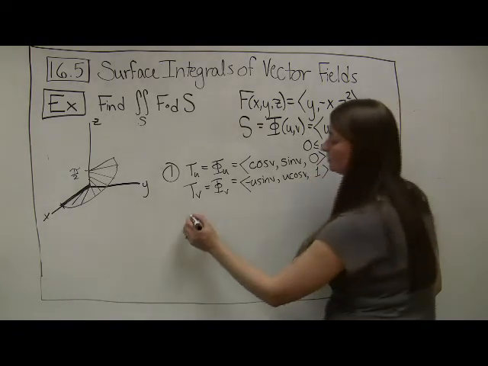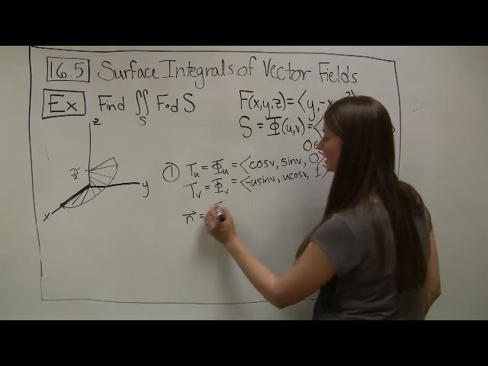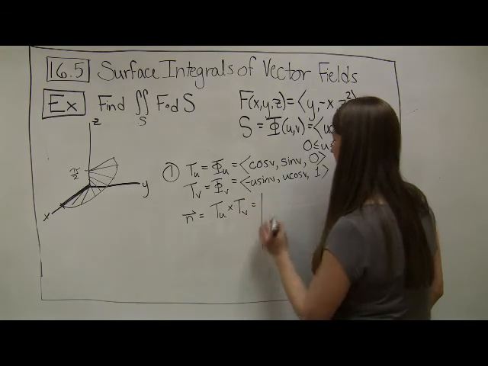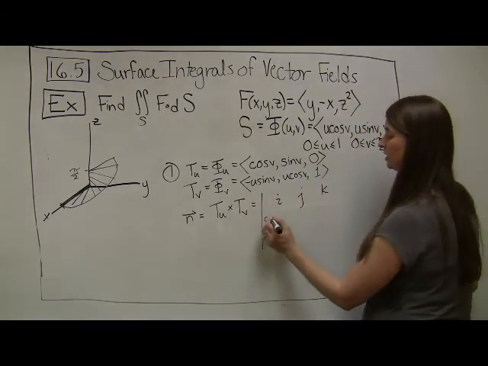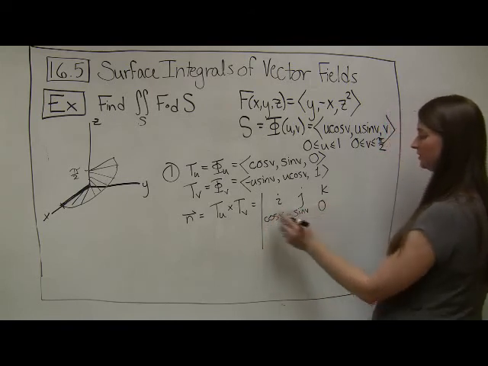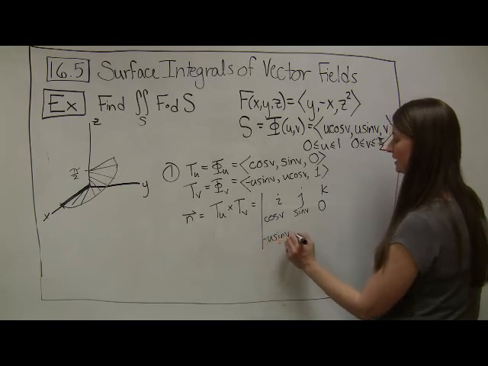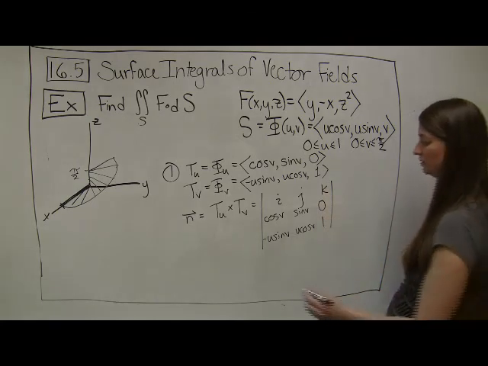So to compute the normal vector, I'm going to take the cross product of these two things, t sub u crossed with t sub v, which is the determinant of the 3 by 3 matrix with cosine of v, sine v, 0 in the second row, and negative u sine v, u cosine v, 1 in the third row.